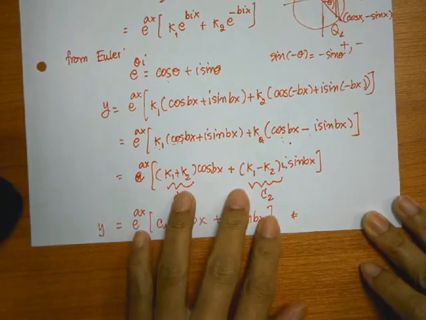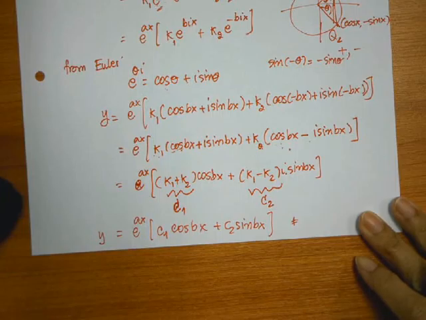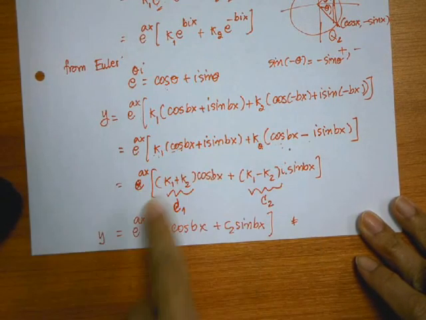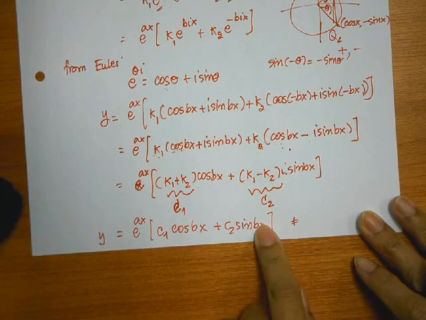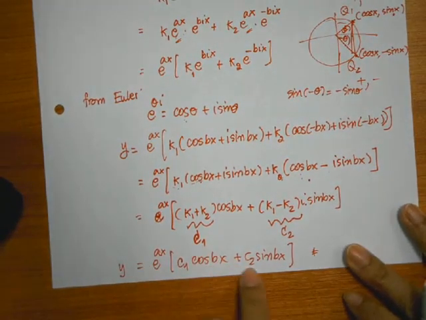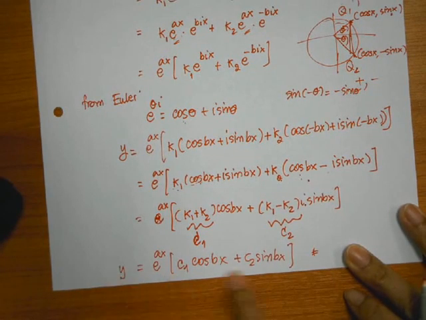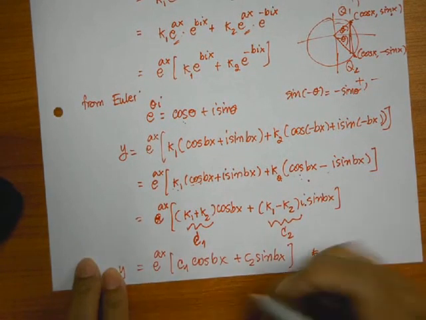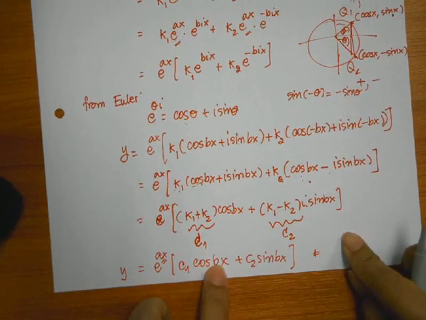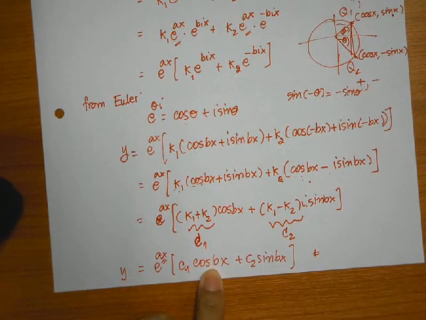So if you have the root in terms of a complex number, the final answer has to be in sine and cosine terms. Just use it. You don't need to derive this. I just showed you how to get cos and sine. But when you answer this type of root, you just use this equation right away. But you have to know that a is the real part of your complex root, and b is the imaginary part of your complex root. Okay?